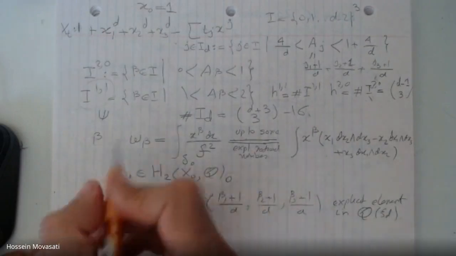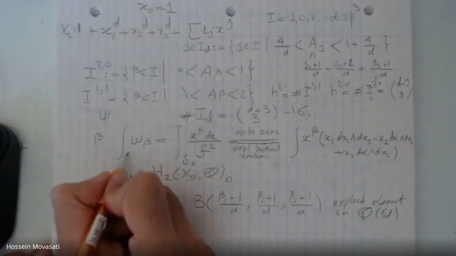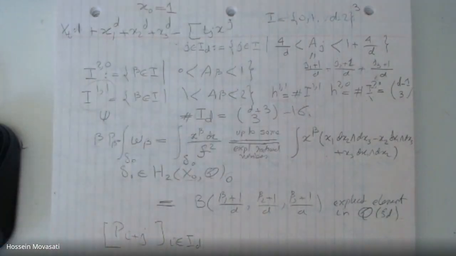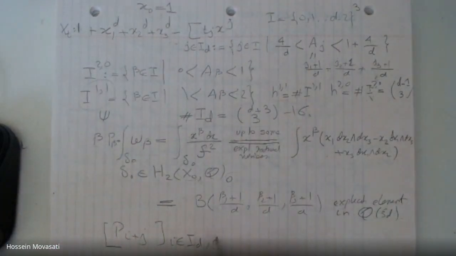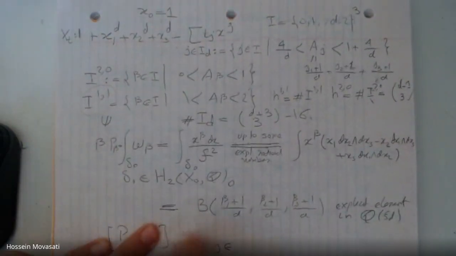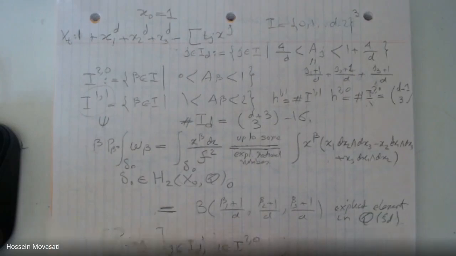We call this one delta 0, then p beta here, G in ID and I in I20.